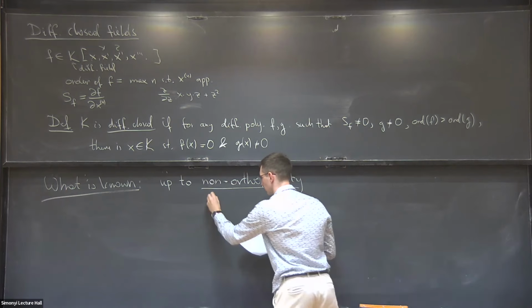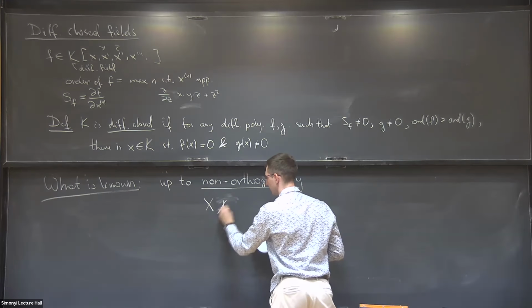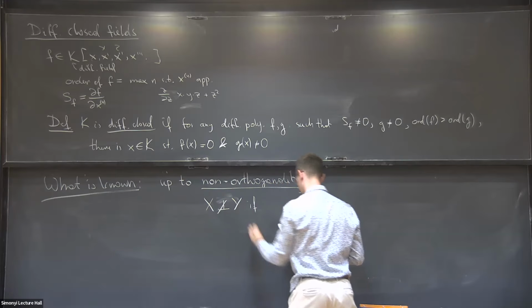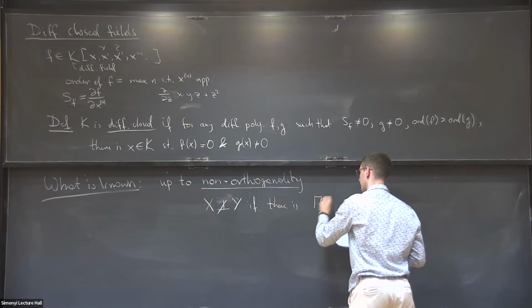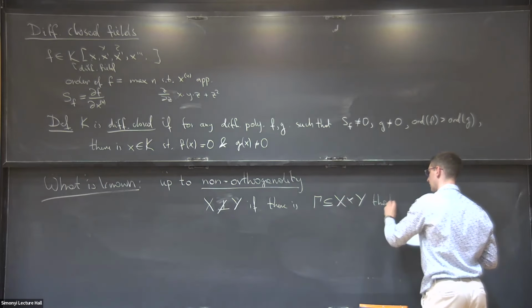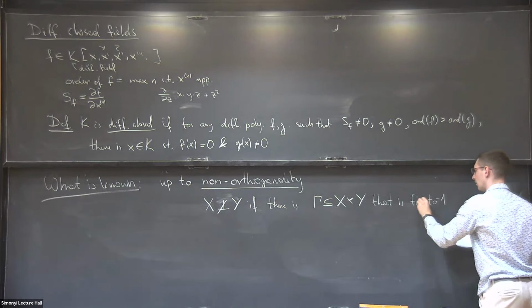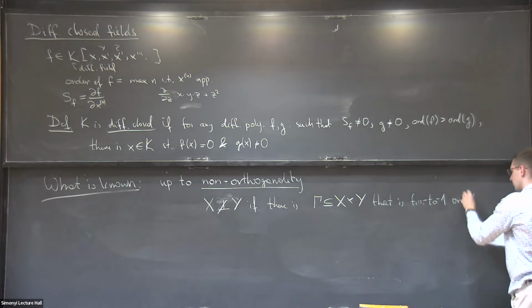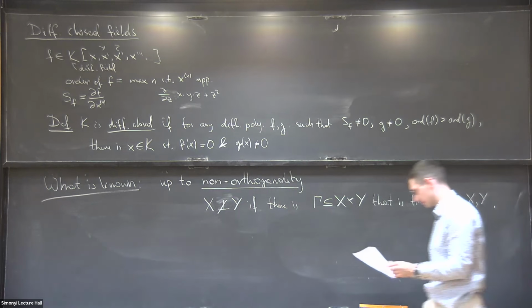If I have two Kolchin closed varieties, they are non-orthogonal if there is a correspondence between them that is finite-to-1 on X and Y. So in algebraic geometry, for example, every two curves would be non-orthogonal.